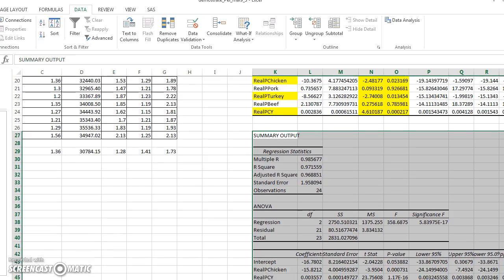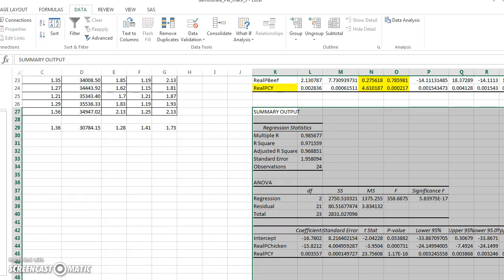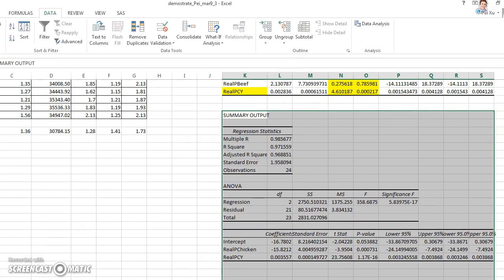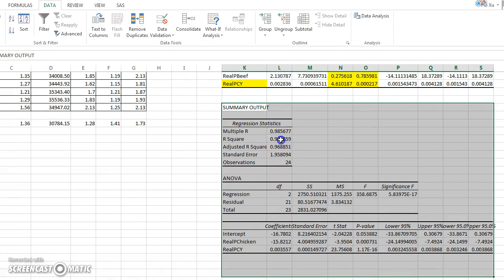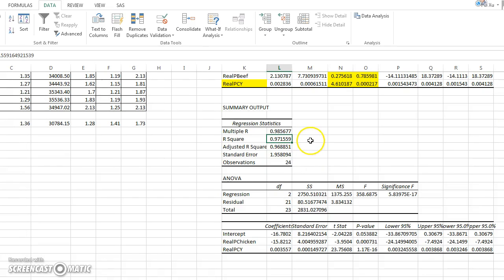Okay, so now let's take a look at what we got. In terms of R square, it's high, it is 97%, which is higher than 80%. So I'm confident my estimation is valid.